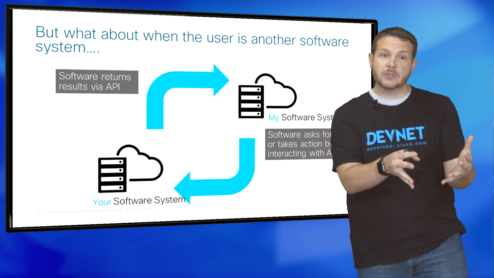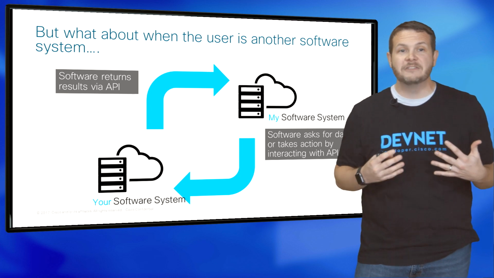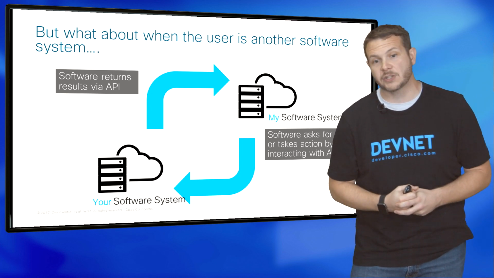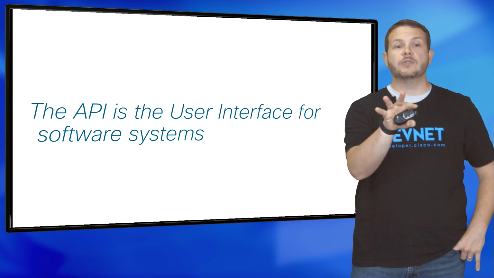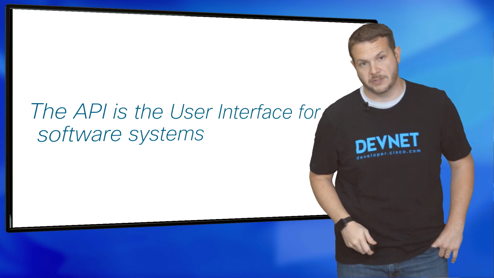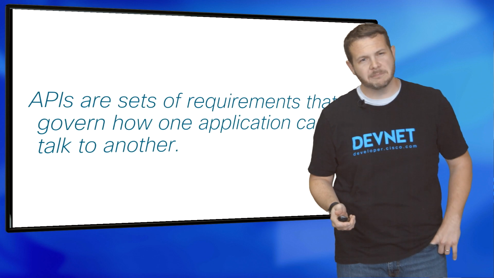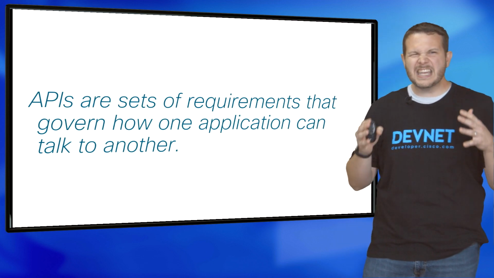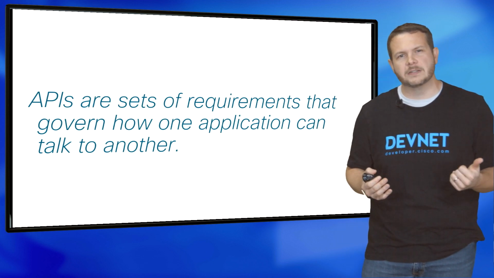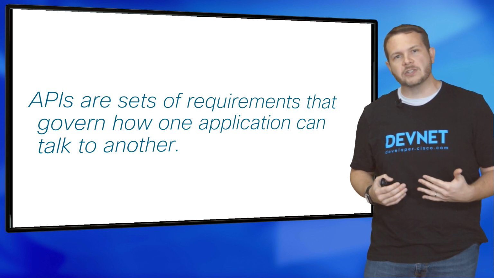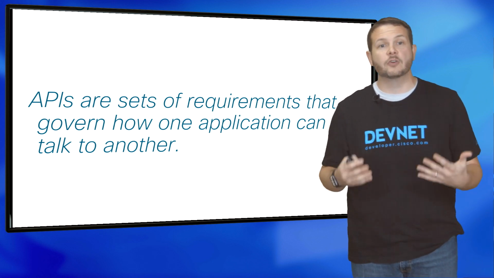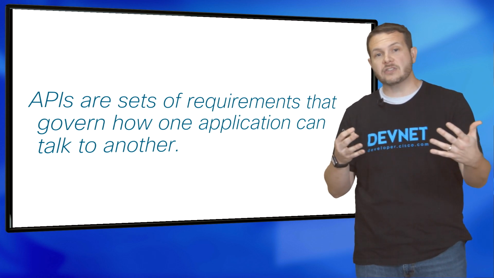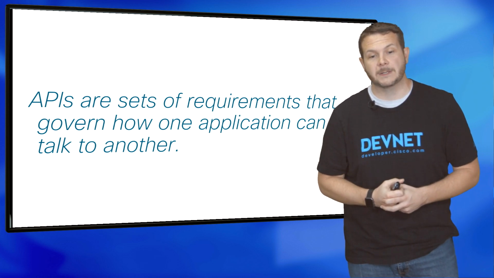And then your software system can return its results via that same API so I can consume it. Now that means the API is the user interface for the software system. Or put another way, a little bit more specific, the APIs are the set of requirements that explain how one application can talk to another application. It's a contract, it's an agreement, so that different applications can work together seamlessly.